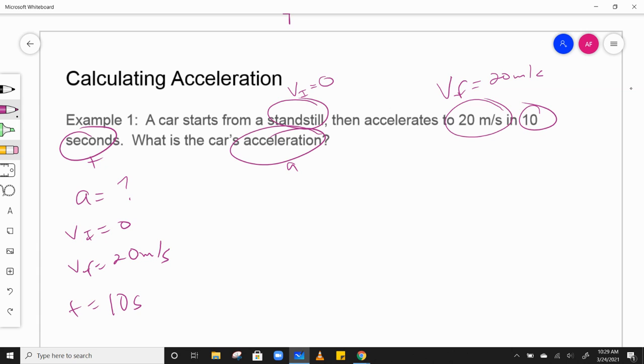Okay. So we have our equation: acceleration equals v final minus v initial over time. Then when we plug in our values, we have 20, and our initial was 0, and our time was 10 seconds.